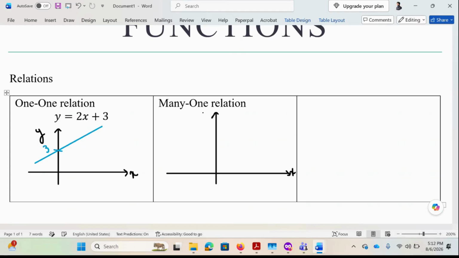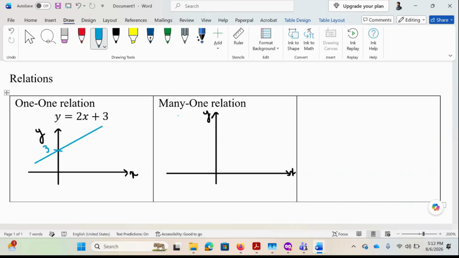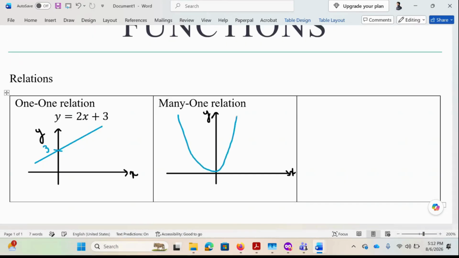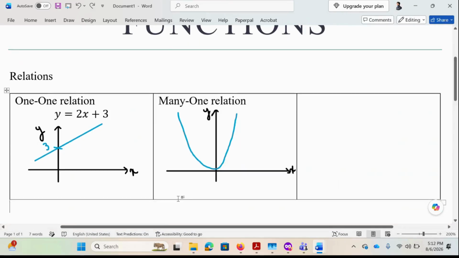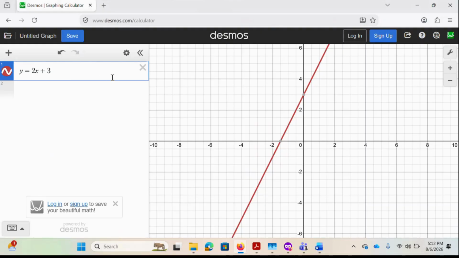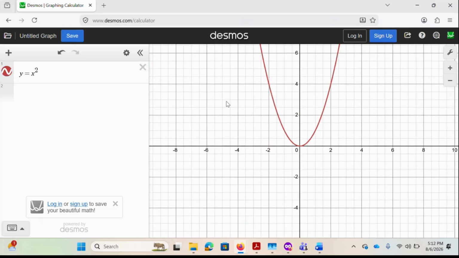This is x, this is y, and I have a graph like this, which is y is equal to x squared. If I have y is equal to x squared, what do you see in this?